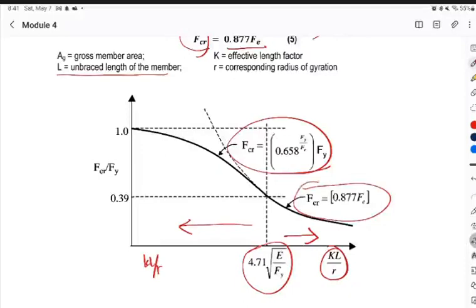Ibig sabihin, mas mababa na yung mako-compute natin na critical buckling stress. Why? Because our column is very long, so mas maliit na yung kaya niyang i-contain para hindi siya mag-buckle. By what ratio? When the ratio is about 0.39 for FCR all over Fy. So, that's about 39% na lang ng ating Fy.